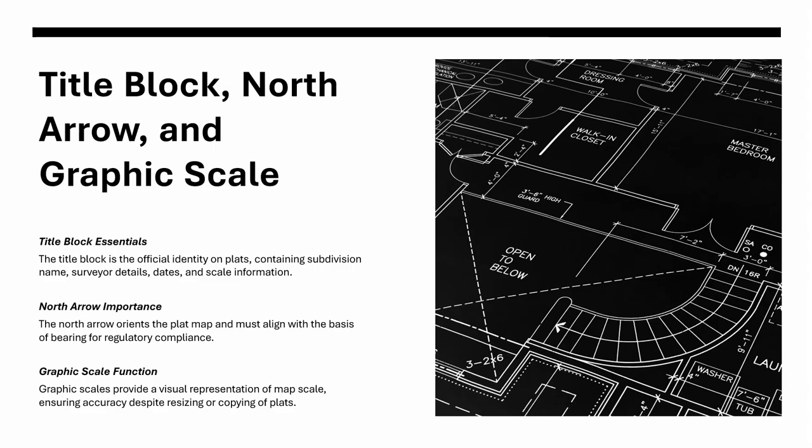The graphic scale is equally critical. Textual scale notes are not sufficient because plats may be copied, scanned, or have their sizes changed. A graphic scale ensures the record remains usable even if the sheet is resized. Your plat template should include both of these features, pre-positioned with layers and style settings that prevent accidental deletion or misscaling.